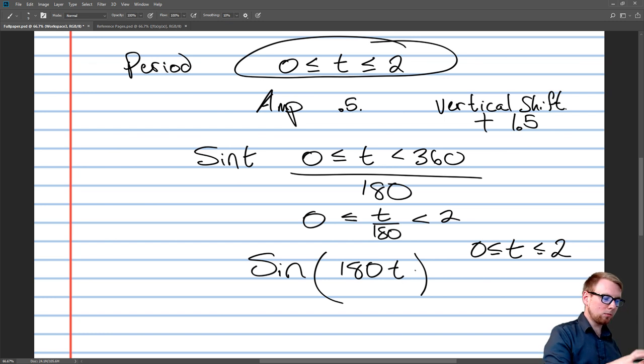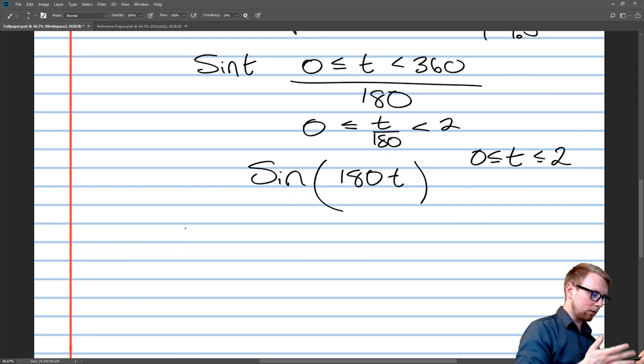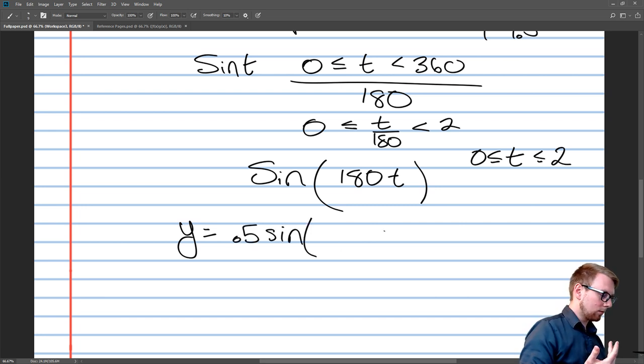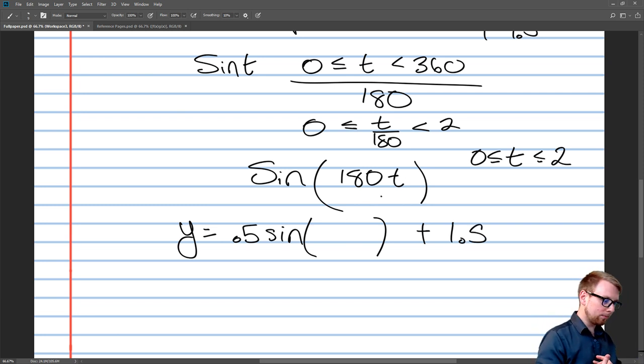So we need to write the function down. So we need to actually write it with all its shifts, remember? So like y equals 0.5 sine plus 1.5. So we need to write the proper thing on the inside with t between 0 and 2 to give us our full interval.